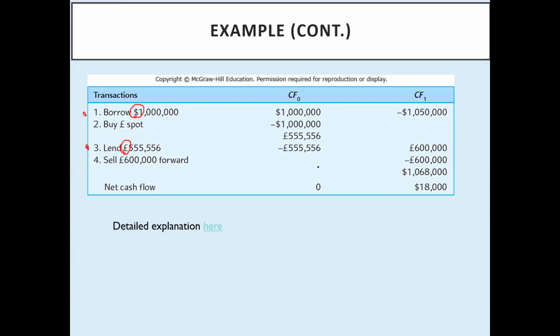Overall, we find that we are not exposed to any foreign exchange rate risk. We are not out of pocket anything, and yet we still end up with a positive profit. This profit is from the discrepancy between the interest rates in the two different countries.